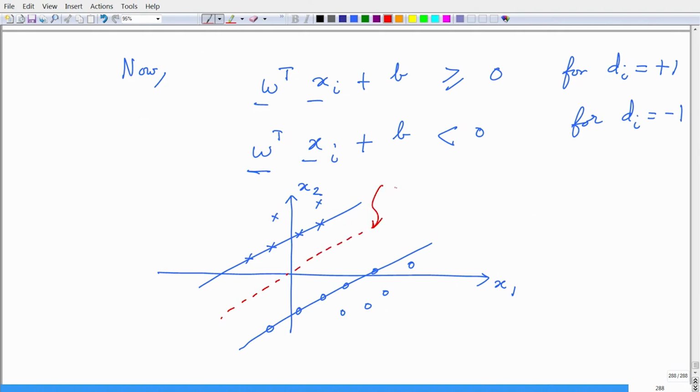This in some sense is my optimal hyperplane with a certain margin rho naught, and those set of points that are critically lying on these boundaries, they are my support vectors.